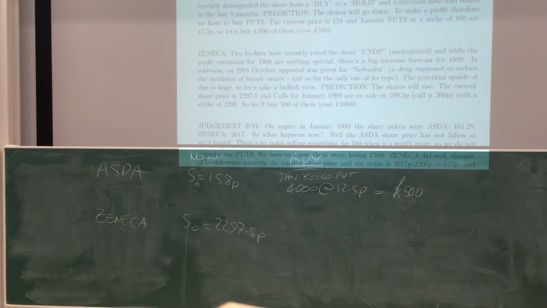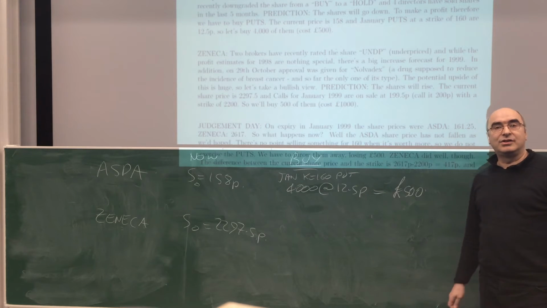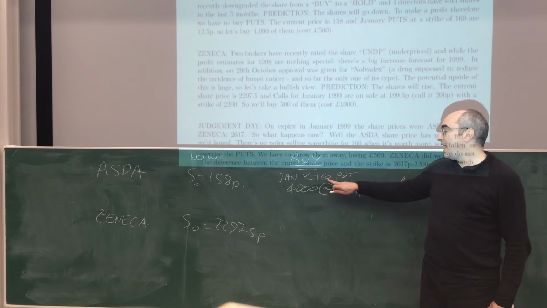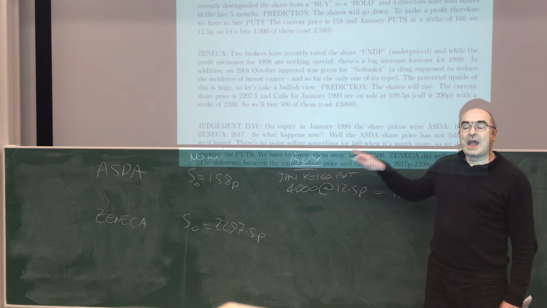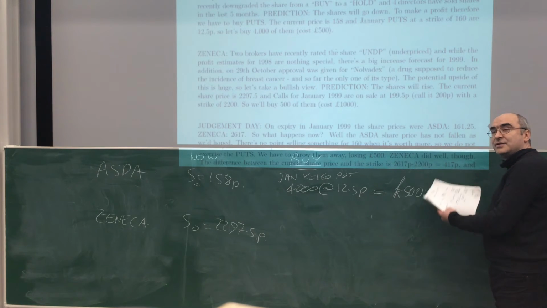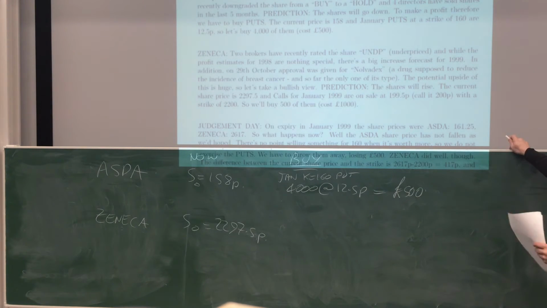So I spend £500 buying 4,000 put options at 12.5p. That will give me the right, but not the obligation, to sell 4,000 Asda shares at 160p at the expiry date in January, in 3 months' time. So it will cost me £500 for that right. We'll see in a minute.